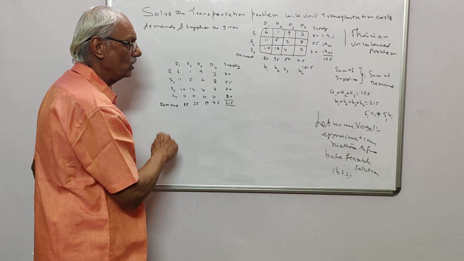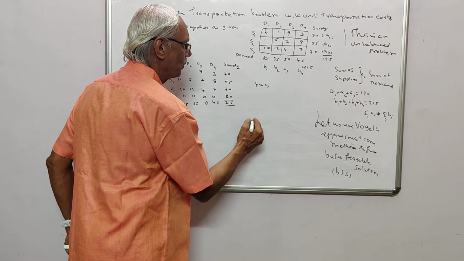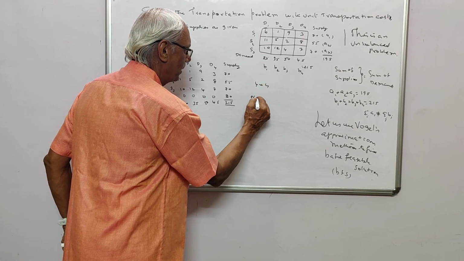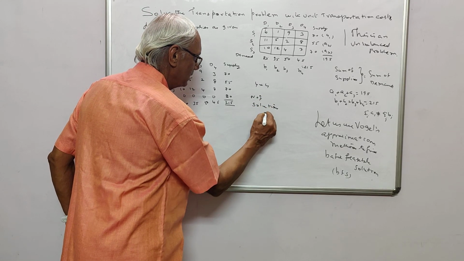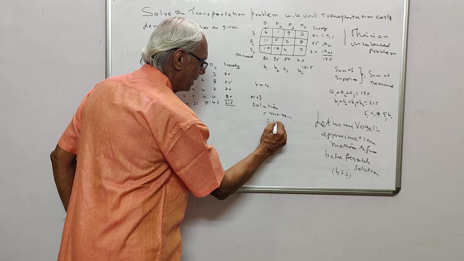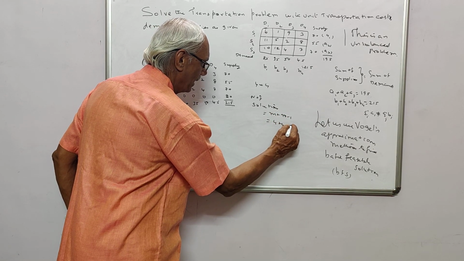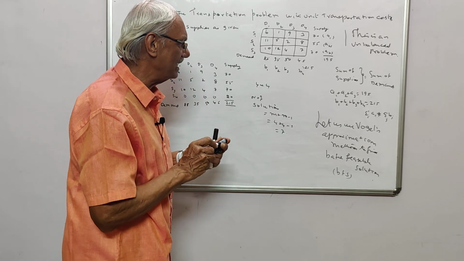How many columns? 4. So it's a 4x4 matrix, and the number of solutions is equal to m plus n minus 1, that is 4 plus 4 minus 1. So you must have that number of allocations.